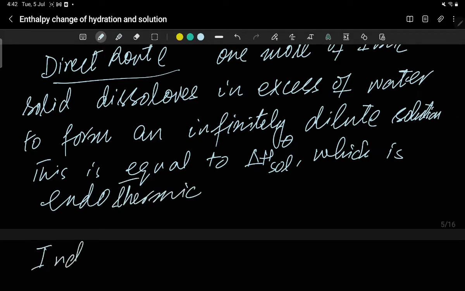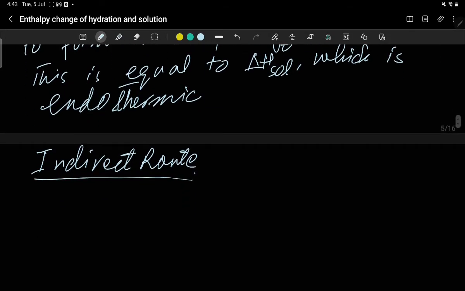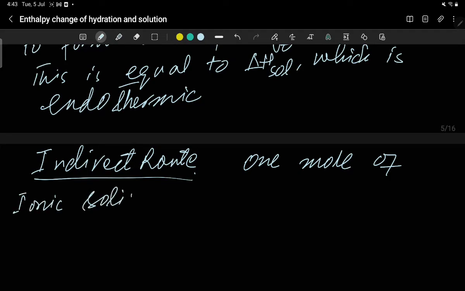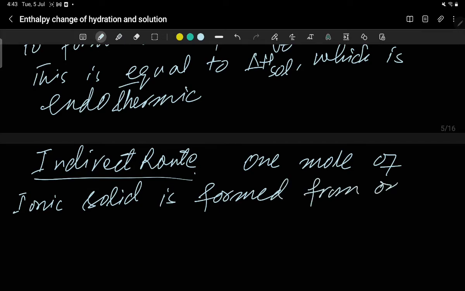And the indirect route involves 1 mole of ionic solid being formed from gaseous anions and cations.